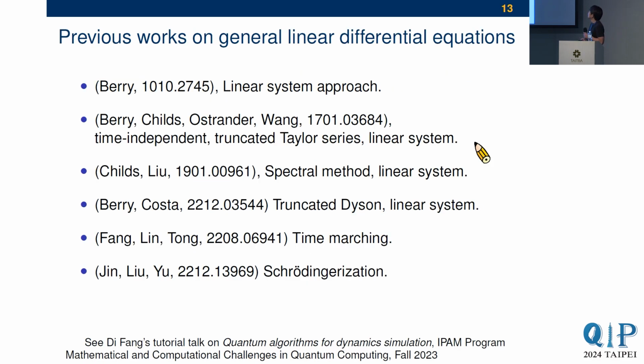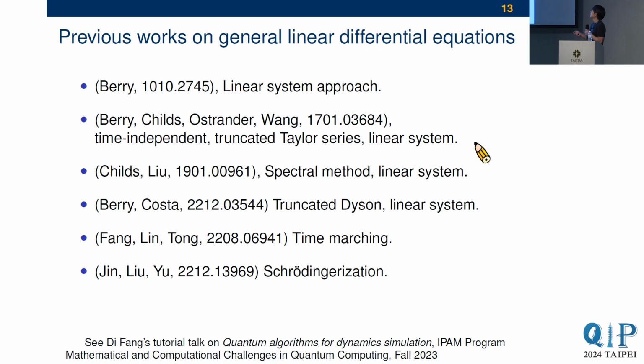So what are the previous works for solving general time-dependent linear differential equations? Dominic Berry proposed the first method, with the idea of converting the linear differential equation problem into a linear system solving problem.